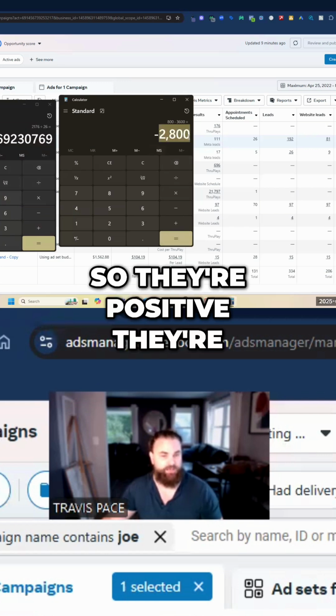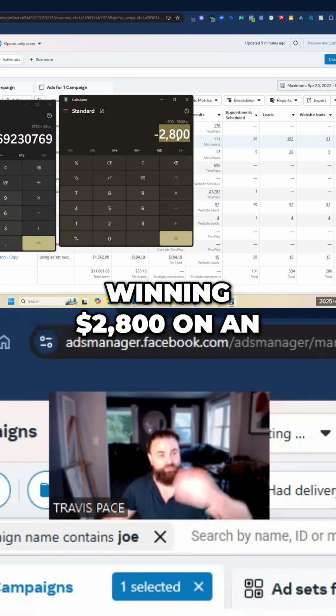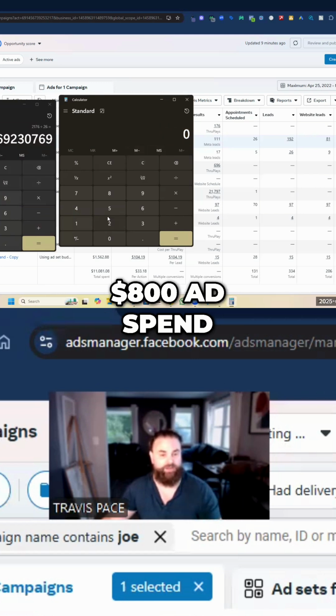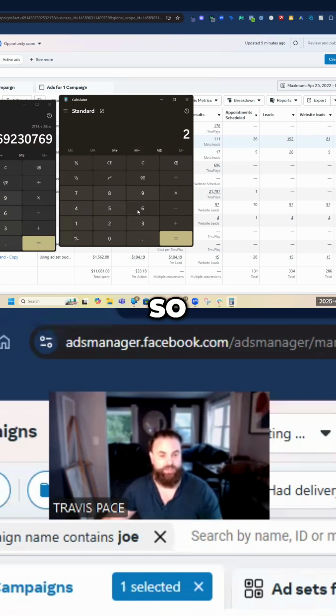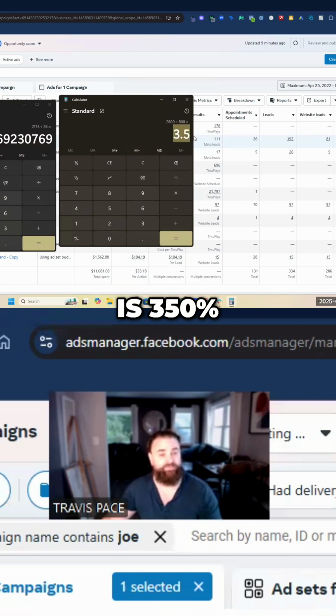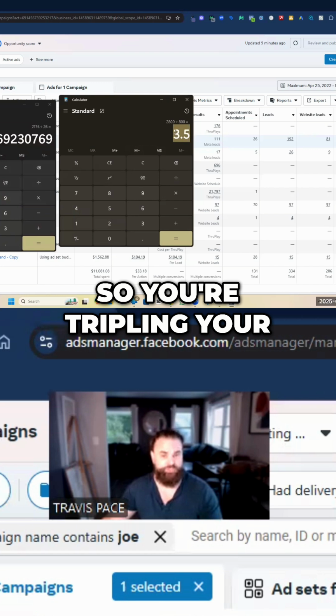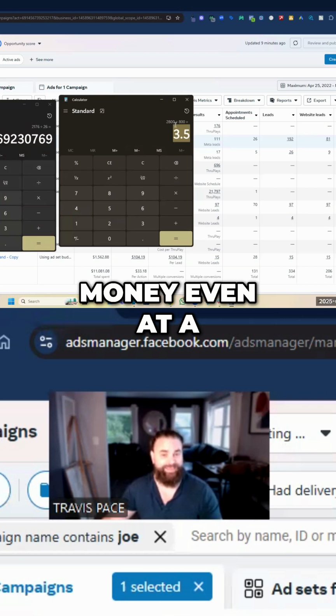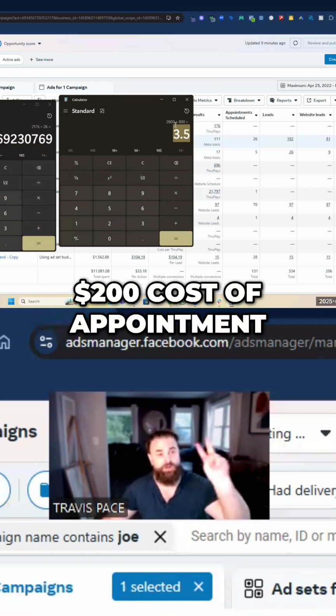So they're positive, they're winning $2,800 on an $800 ad spend, right? So at $2,800 divided by 800 is 350%. So you're tripling your money even at a $200 cost of appointment.